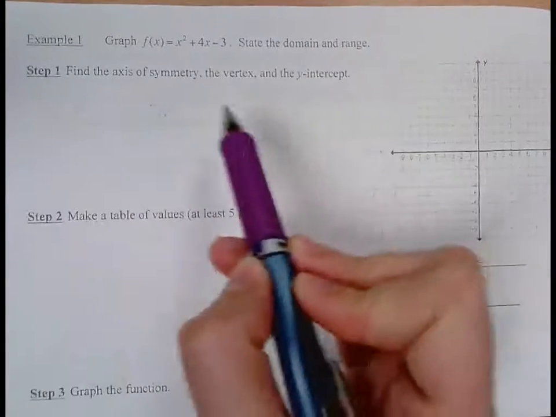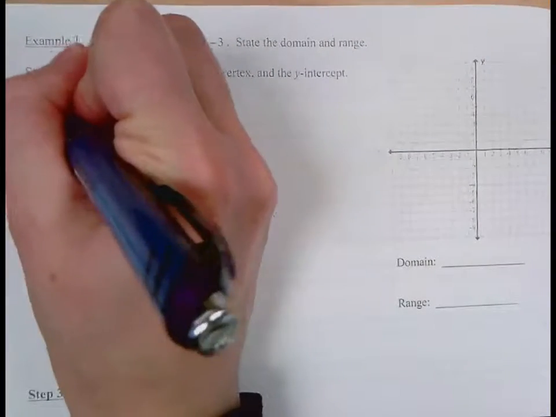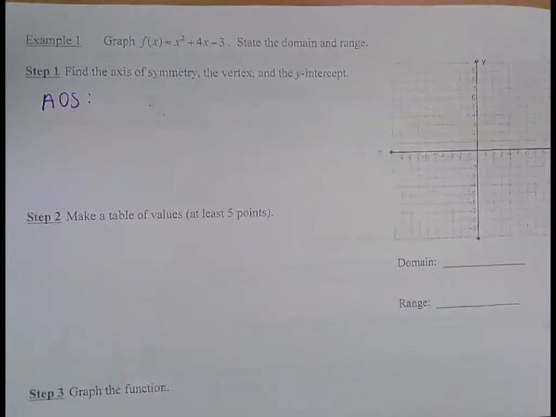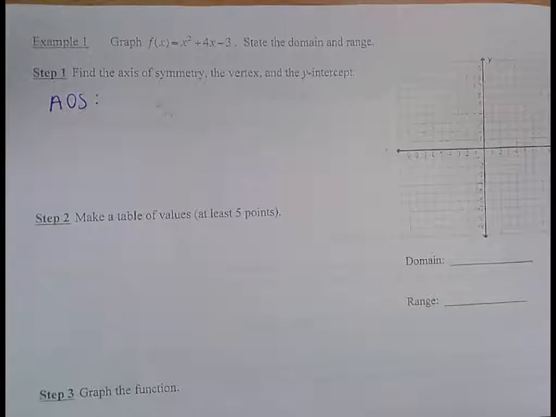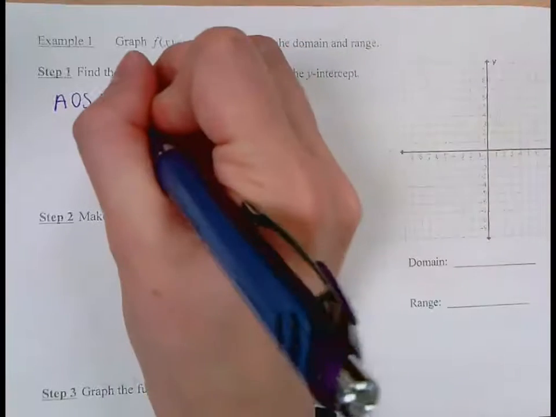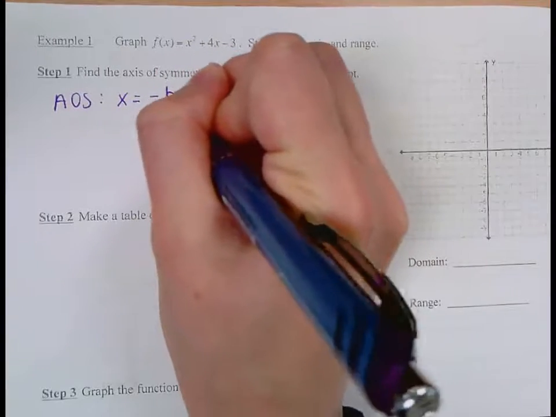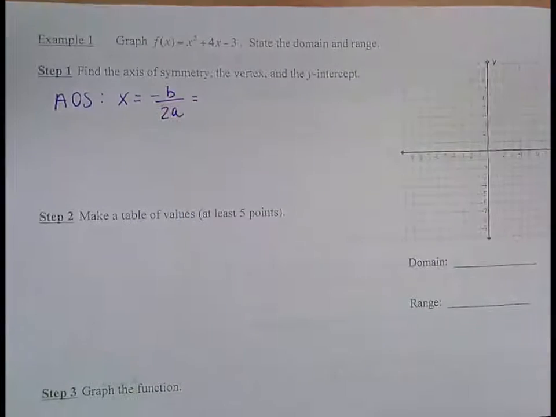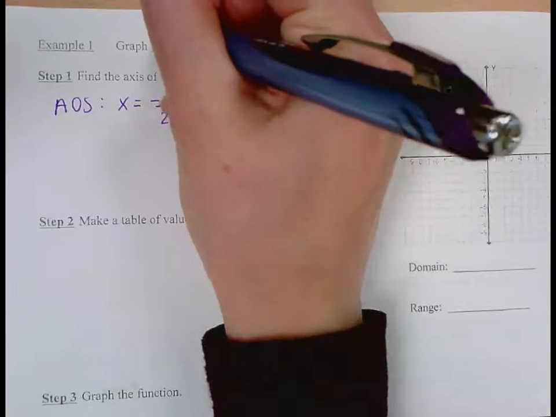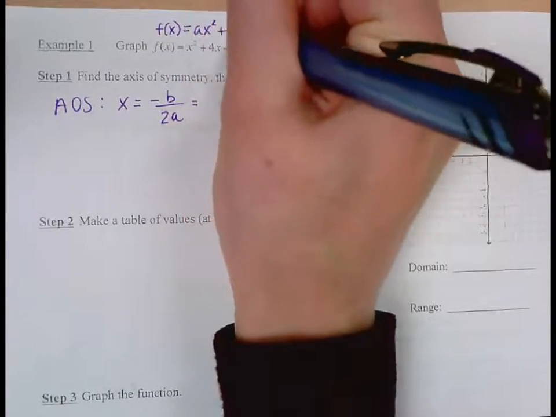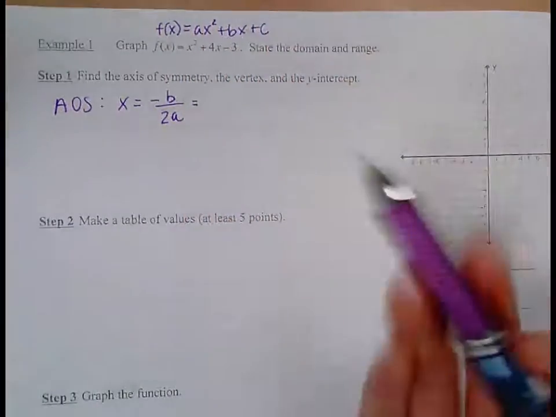So when you're graphing, I usually find the axis of symmetry first. So that was the formula on the front: x equals the opposite of b over 2a. And the a and the b come from the function you're given. So remember that your function is in the form f of x equals ax squared plus bx plus c.